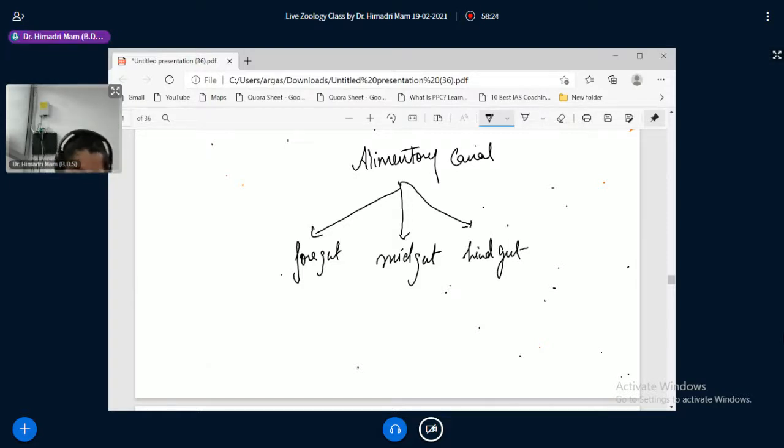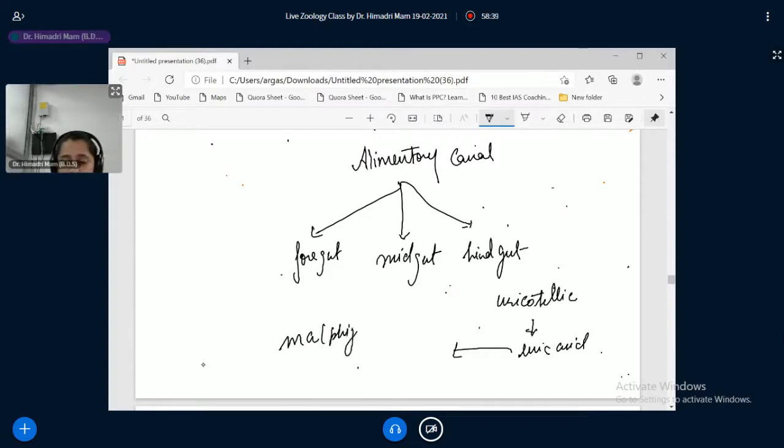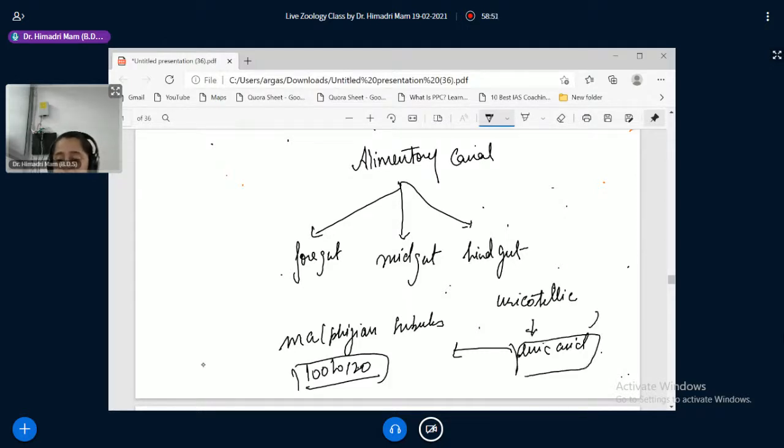Right. This insect, cockroach, is basically uricotelic. That means they secrete uric acid, which is through malpighian tubules, approximately 100 to 120. Right. Now this uric acid is less toxic. Right.